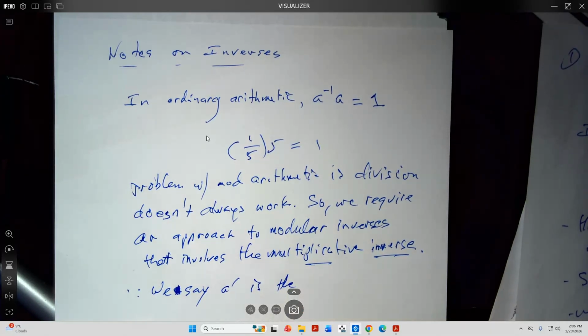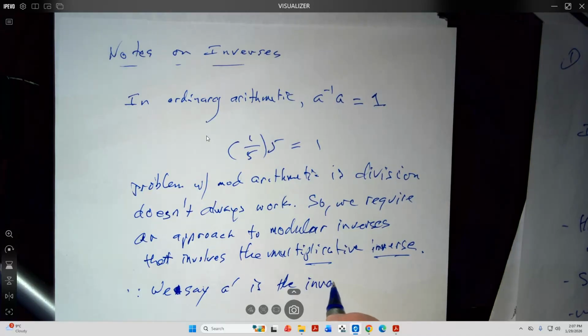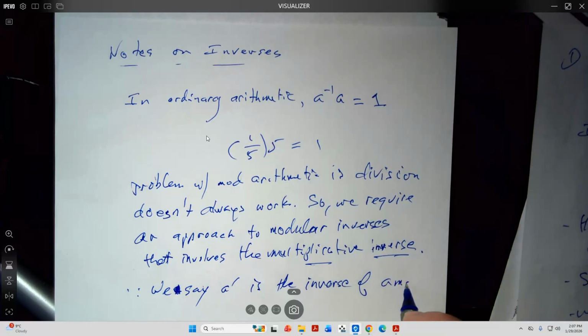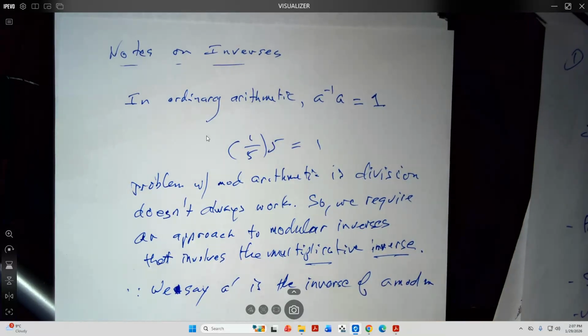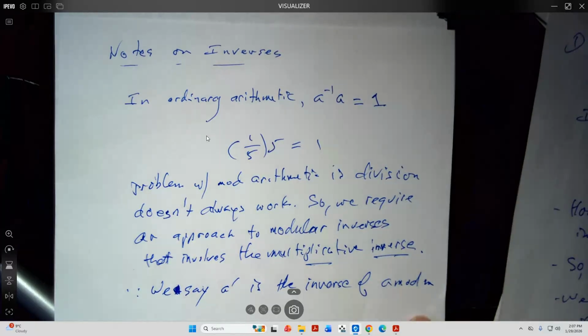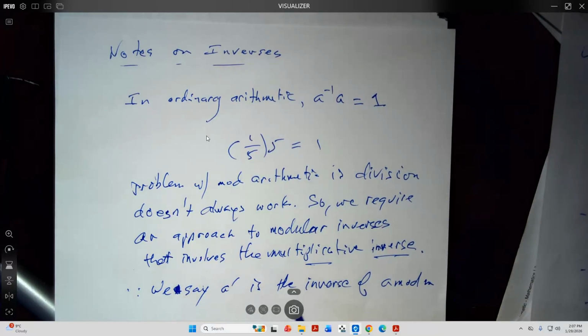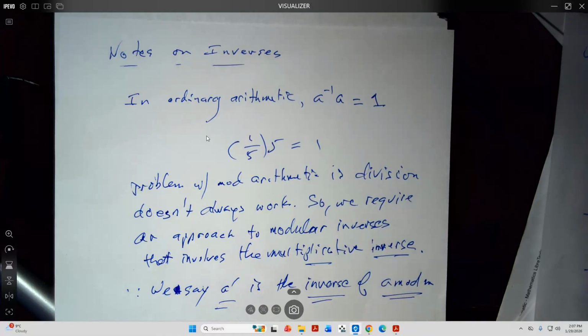There's all kinds of ways of indicating the inverse, so we'll just use prime here. A prime is the inverse of A mod M.